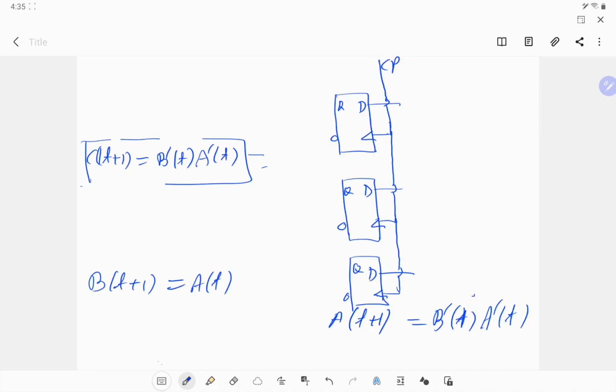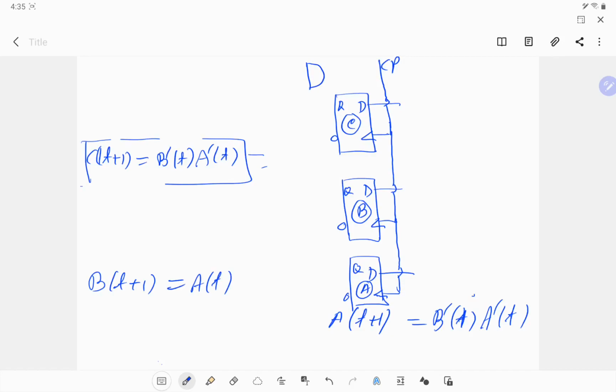Now for C T plus 1, let's consider this flip-flop is C, the second one is B, and the very last one is A. These 3 flip-flops we have. For C T plus 1, we need A prime, B prime, and an AND gate. So we have an AND gate.